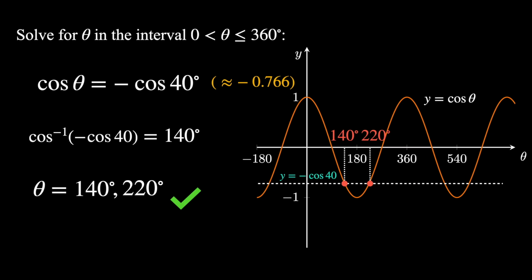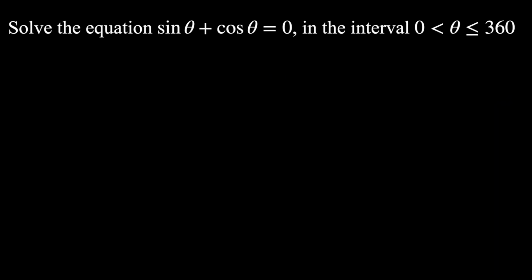Okay, let's look at another level 1 example. This one says solve the equation sine theta plus cosine theta equals 0 in the interval 0 to 360. Okay, how to proceed here? Well, the main thing you're aiming for in trigonometric equations is to have one function on the left and some constant on the right.